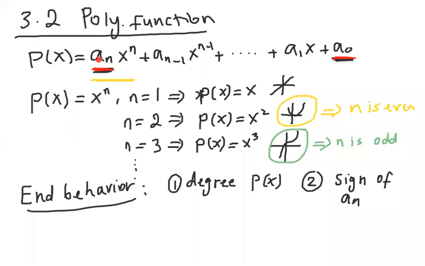So go back to the last class and review the 4 cases. The last thing I left from last time is how to graph the polynomial function by using the zeros of the polynomial function.